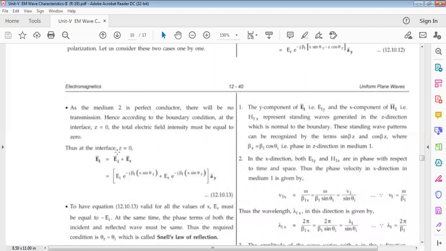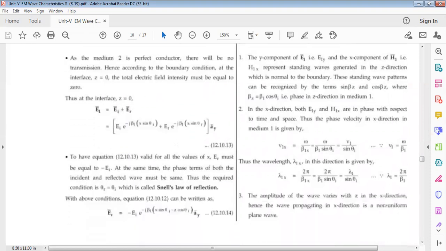So E1 bar is a combination of E_I plus E_R only. So what is that function? E_I into e power minus j beta 1 x sine theta I plus E_R into e power minus j beta 1 x sine theta R, when z is equal to 0, into a_y bar. So E1 is equal to.